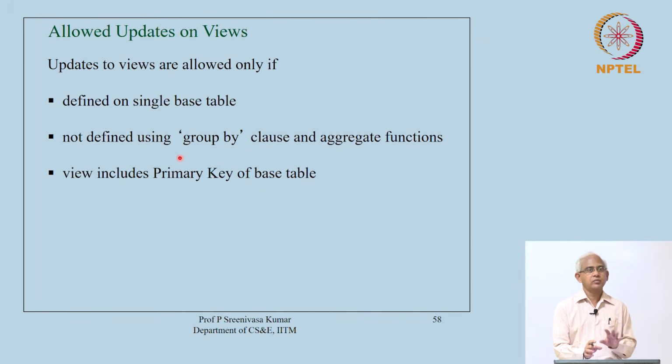By and large, updates on these will most of the time not make sense, and only if they make sense will they be allowed. But views are of course very useful because they give that particular group of individuals access to the part of the information system that they are allowed to make use of.